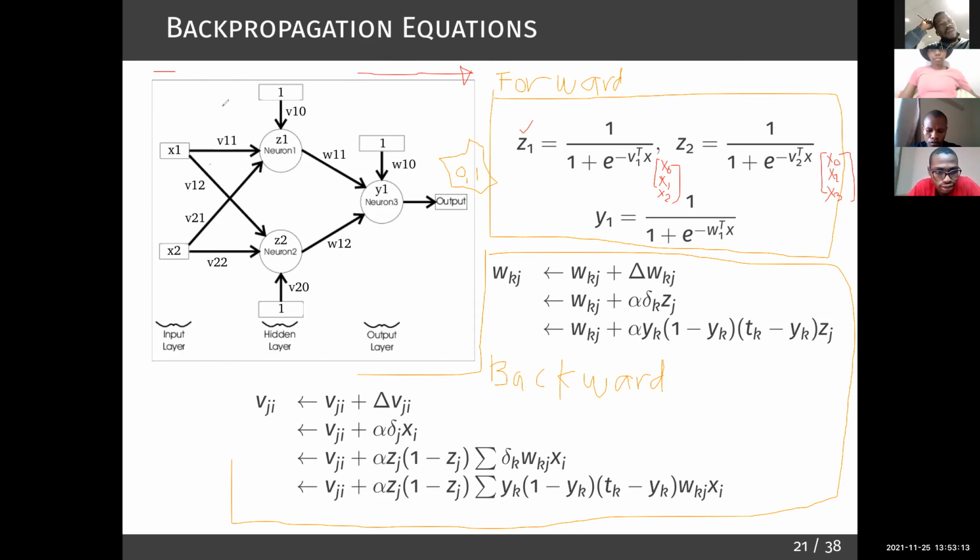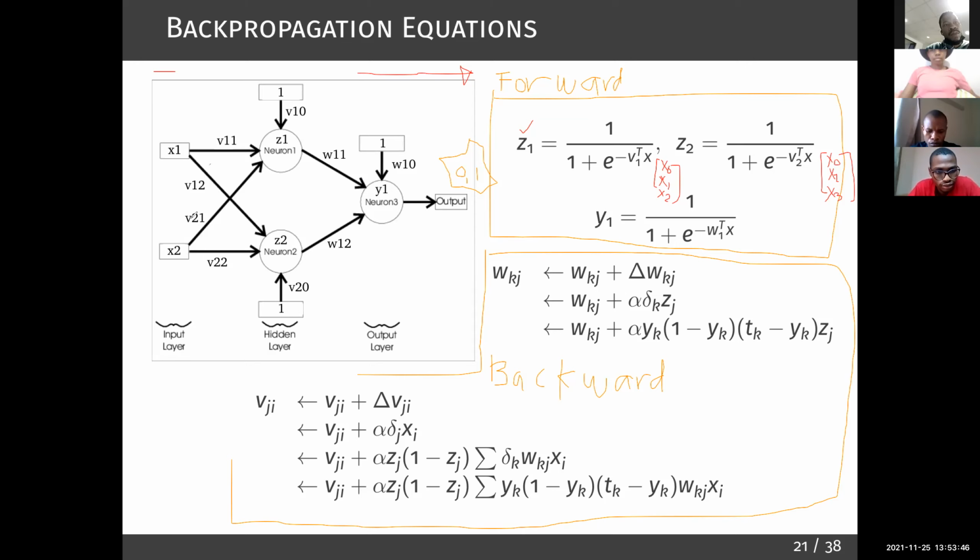That means that you have v10, v11, and v12. These are components of v1, so everything should be v1: x0 times v10, x1 times v11, and x2 times v12.